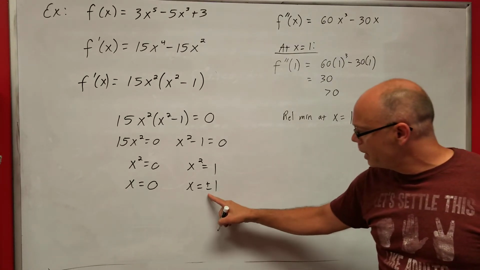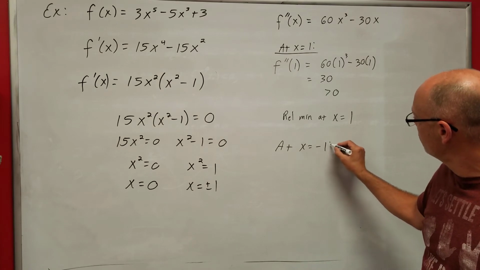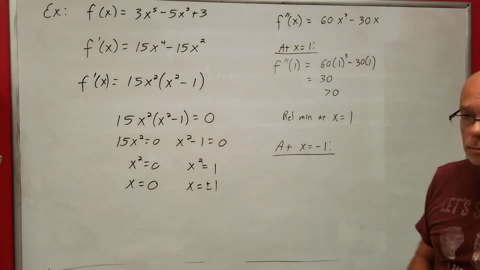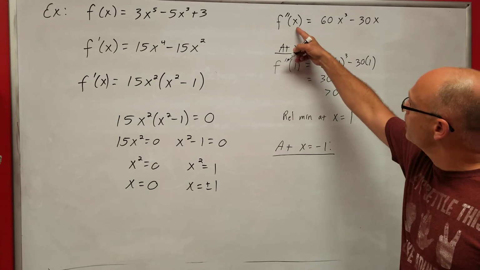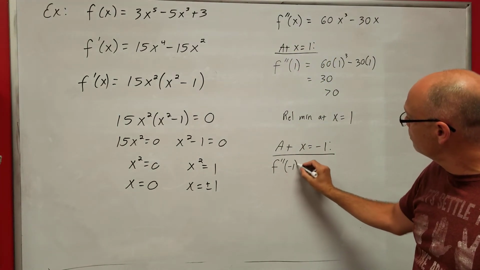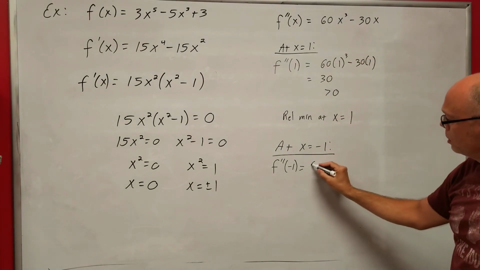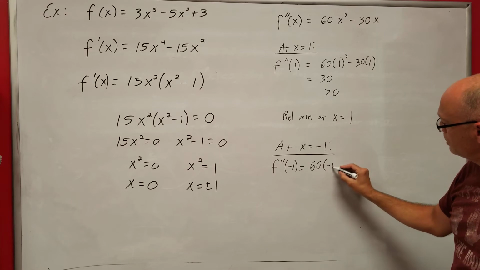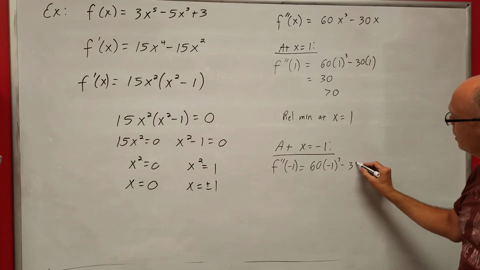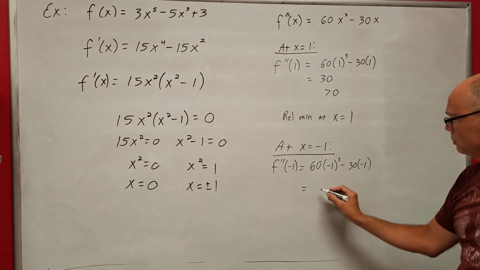All right, let's test negative 1. At x is equal to negative 1, let's evaluate my second derivative at negative 1. F double prime of negative 1 is equal to 60 times negative 1 cubed minus 30 times negative 1. What does that give me?